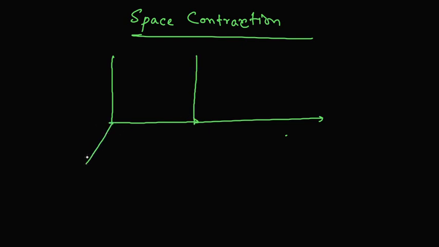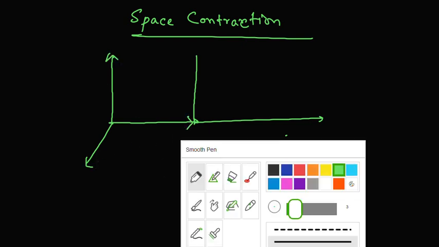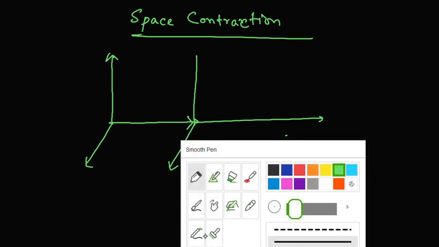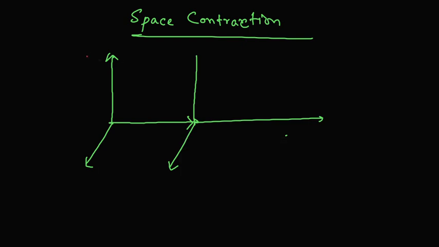Let's say this is one reference frame with axes X, Y, and Z, and this is called the S frame. This is the S prime frame, where the axes are X prime, Y prime, and Z prime.